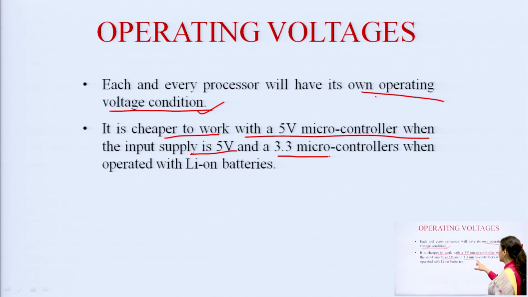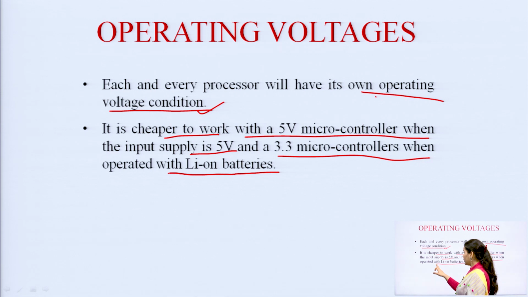And 3.3 volts microcontrollers are used when we are using batteries. So, these are the two different conditions of using the operating voltages for different types of microcontrollers.